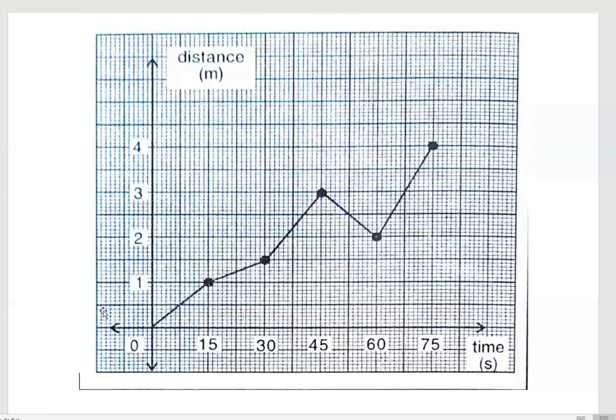And here, when the time is 15 seconds, the object is at 1 meter. When it is 30 seconds, the object is at 1.5 meter, because this point is between 1 and 2.